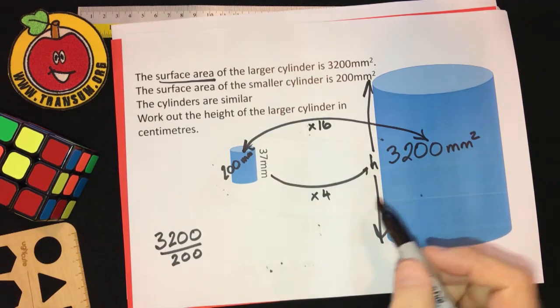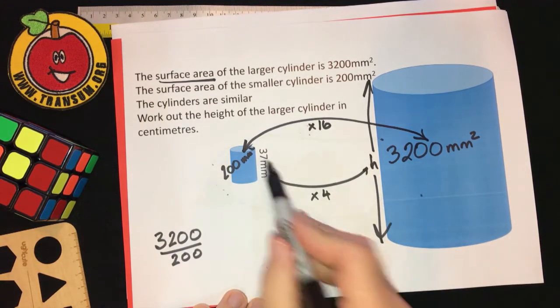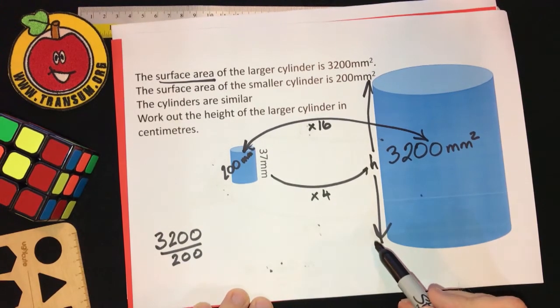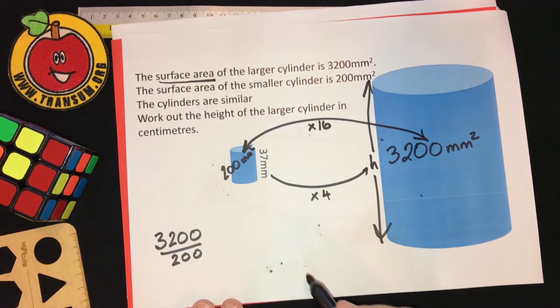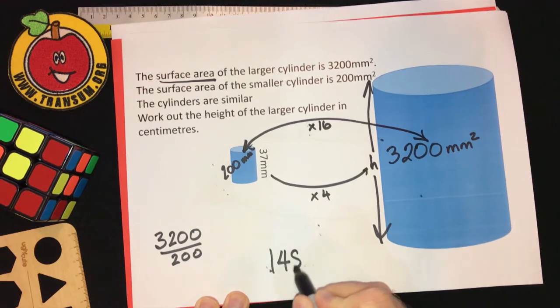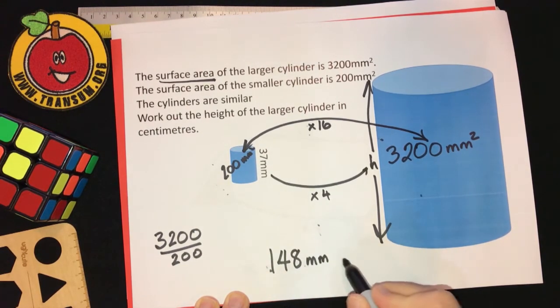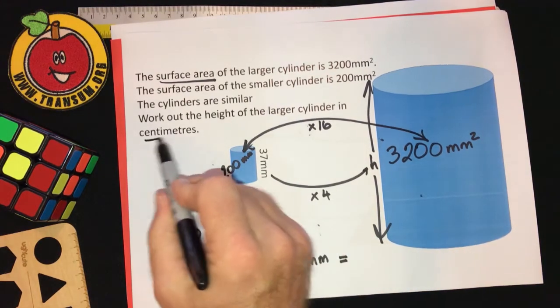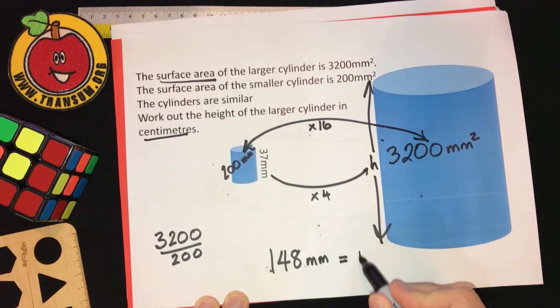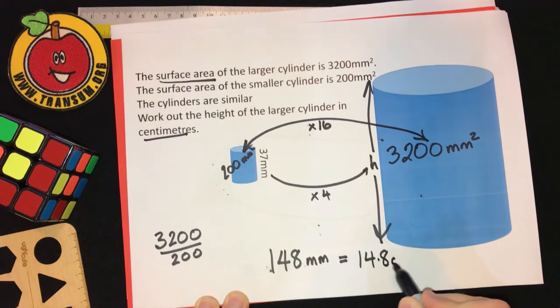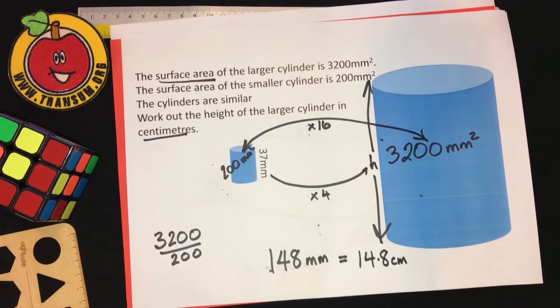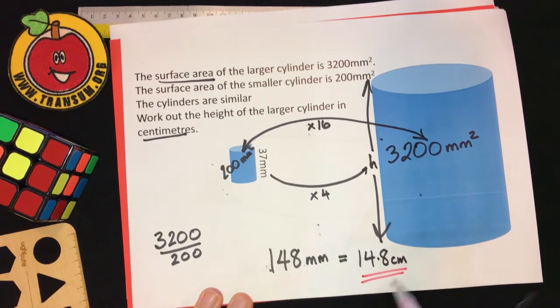So we need to multiply 37 by 4, which is equal to 148, and the units will be millimeters, but we're asked to give the answer in centimeters, so it'll be 14.8 centimeters, and that's the answer to this question here.